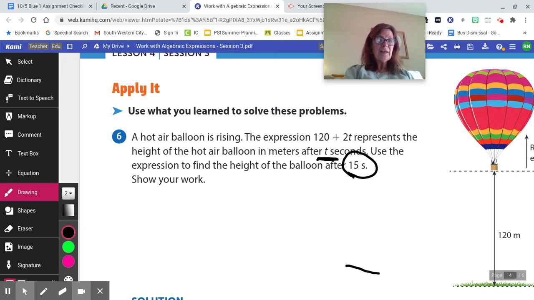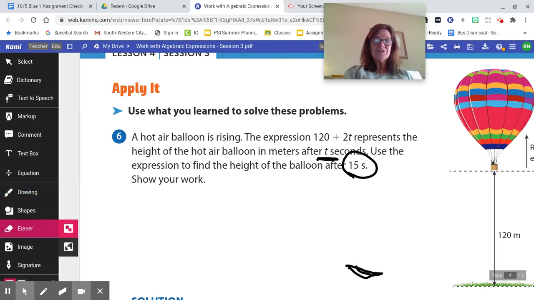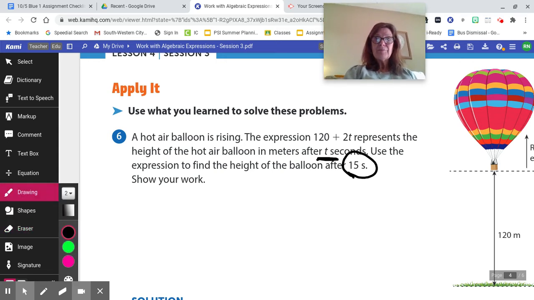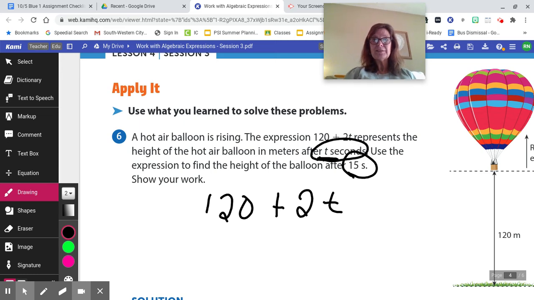Okay, you should be back. Okay. I need to substitute. They told me that 120 plus 2 times t, and t stands for how many seconds? They told us the 15 seconds.